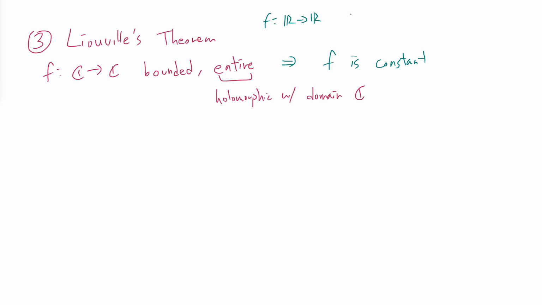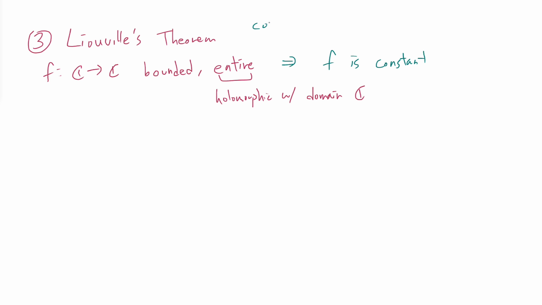You can just think about x mapping to cosine of x. This is bounded, this is differentiable everywhere on R, but it is actually not a constant map. So obviously this is not true for functions of real numbers, but it turns out for functions of complex numbers, bounded and entire means it's constant.